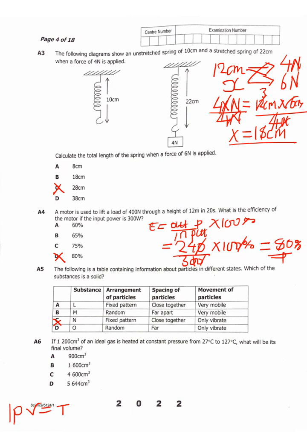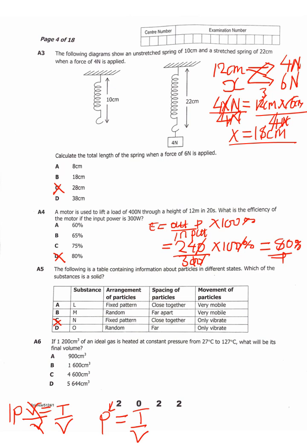What we need to do here is make whatever is constant the subject of the formula. From the question, we have been told that pressure is constant. So let's make P the subject of the formula. We divide by V on both sides, so P is equal to T over V. After making that letter the subject, in our case P, we substitute it into whatever we have after the equal sign.